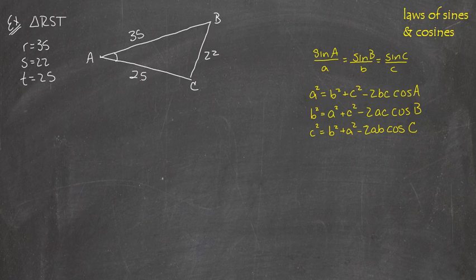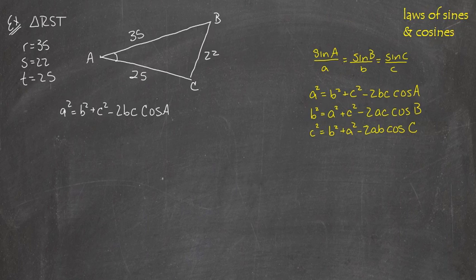But luckily, I also have the cosine of an angle in each expression of the law of cosines. So I'm just going to solve one, and in this case, just because of labeling, I'm going to choose the first one. So I'm going to start with a squared equals b squared plus c squared minus 2bc times the cosine of A.